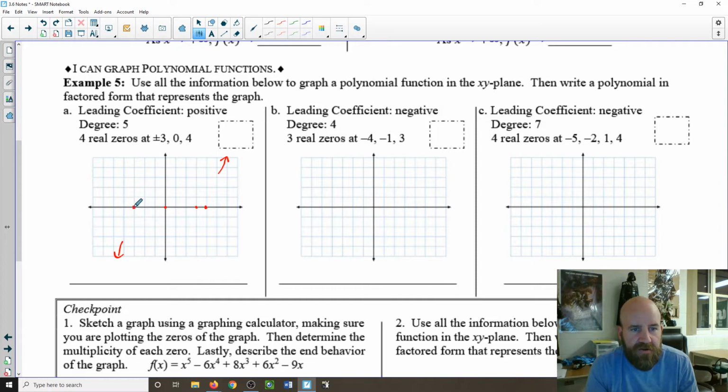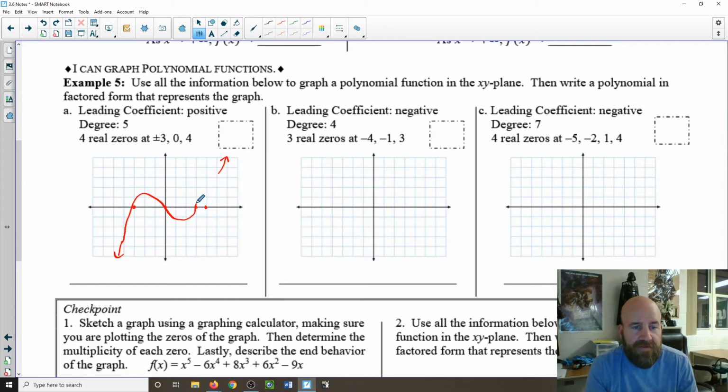If we go through here, we come back down, we go through here, up, and then down and bounce, that would work. So this is our function. We go here to here.